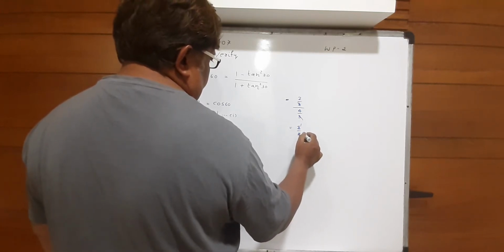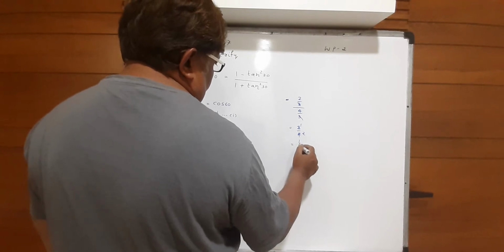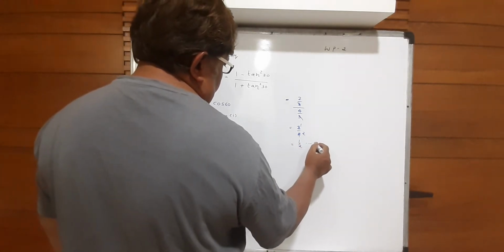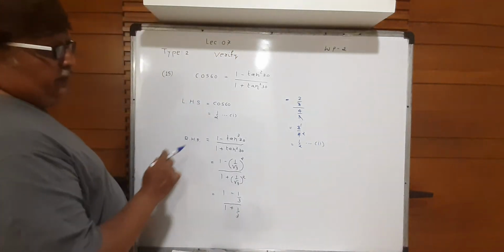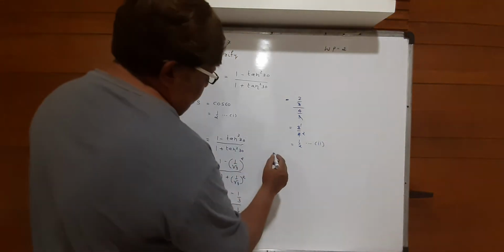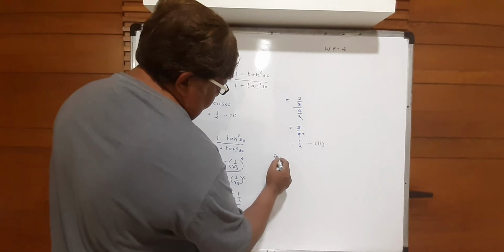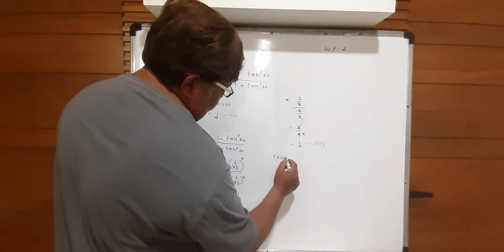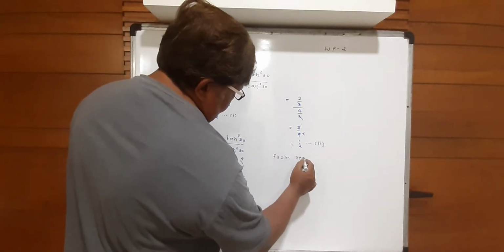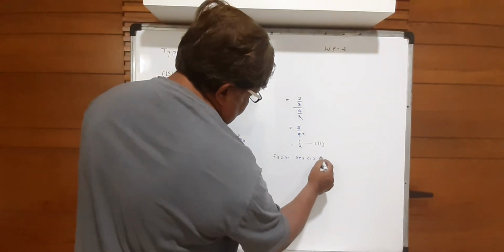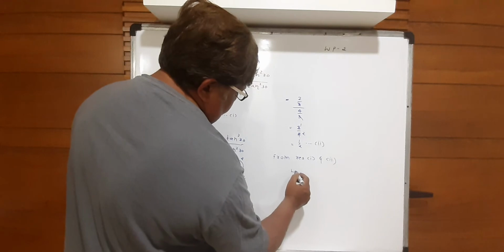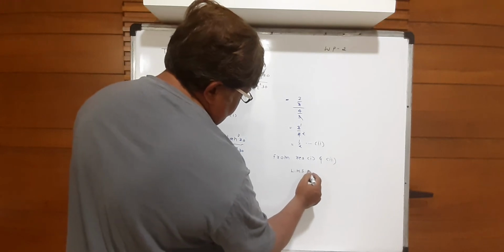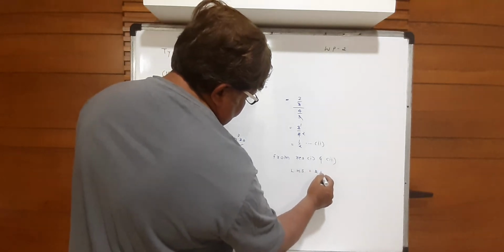Simply cancel, 1 upon 2. This is your result number 2. You got LHS and RHS both correct. So at the end you just have to write: therefore from result 1 and 2, what you got? LHS equal to RHS.